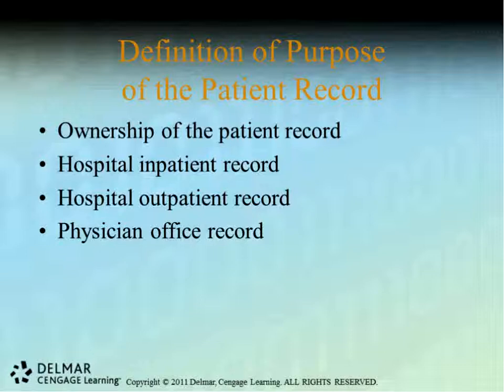What we see in terms of a trend is that your outpatient records are taking on a new type of importance, and they are increasing in volume because of our efforts to decrease the amount of inpatient acute care that we put out.